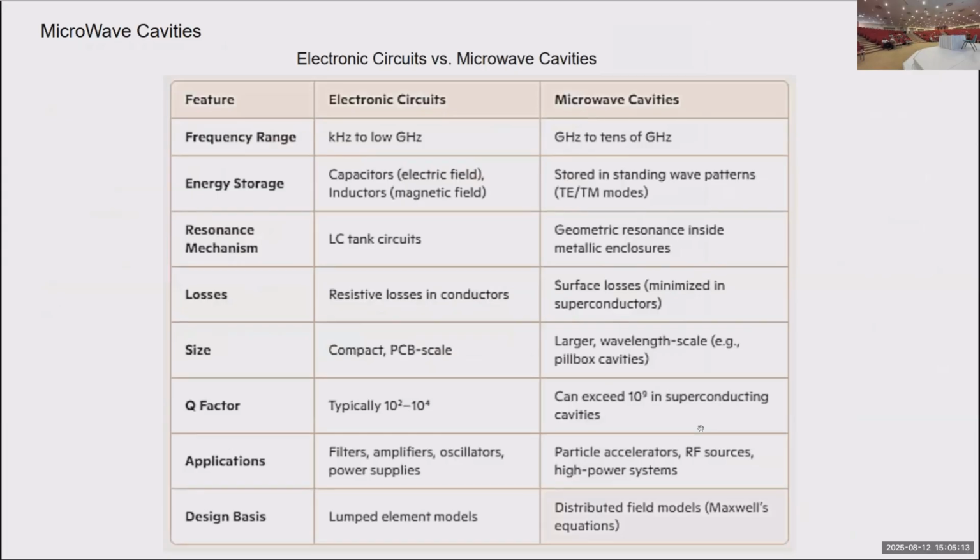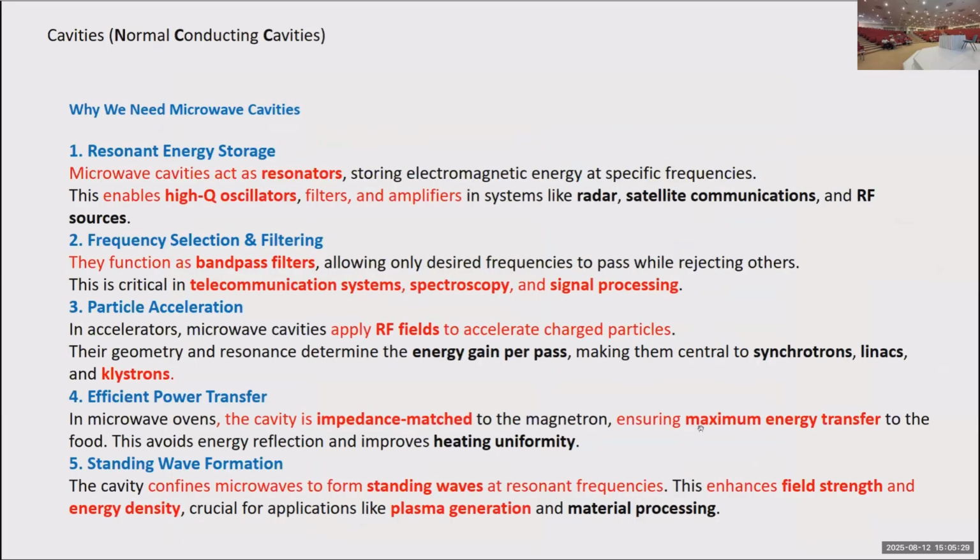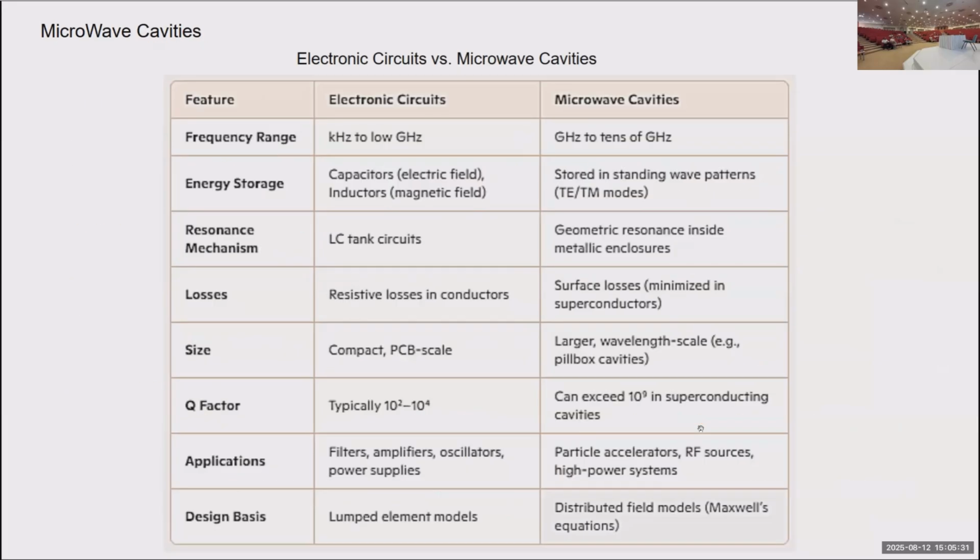Let's look at the difference between these cavities and the lumped circuits. We have many solid-state electronic parts. Why do we use cavities? Because the frequency range is different. The electronic circuit works from kilohertz to some gigahertz.